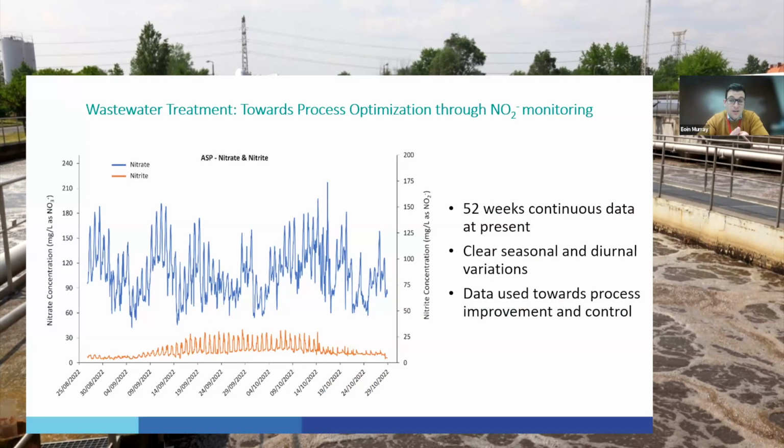Interesting diurnal variations are shown on NO2, and the customer is pulling this data into their real-time control to see if they can optimize the process further. But it's just two more variables pulled into their process control setup.